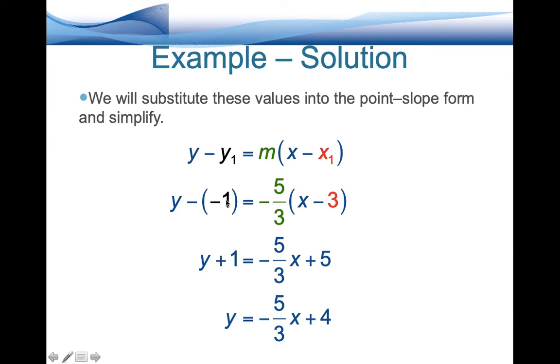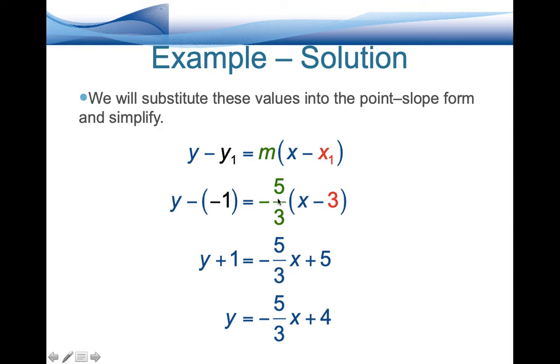Well, now that we have that, we can simplify this equation a little bit. So first what we do is we'll say y minus a negative 1. If I get rid of something that's already negative, that makes it positive. That makes it y plus 1. This negative 5 over 3 was the slope. It stays the slope.